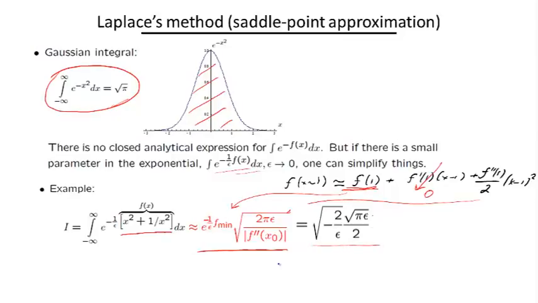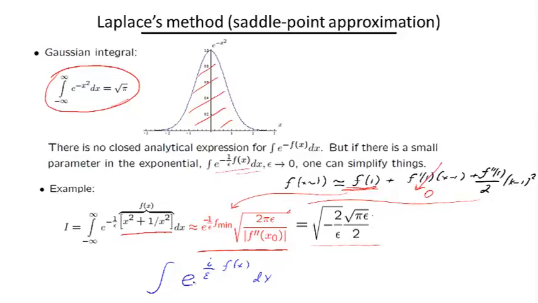Let me also mention another fact, which I'm not going to prove, but it's important for the following: even if we have a slightly different integral, with an exponential of the imaginary constant i over some small parameter times f of x, this integral oftentimes can also be simplified using this very similar saddle point approximation that we just discussed.